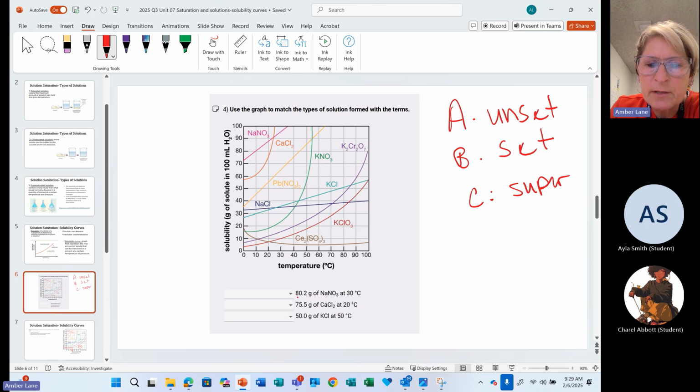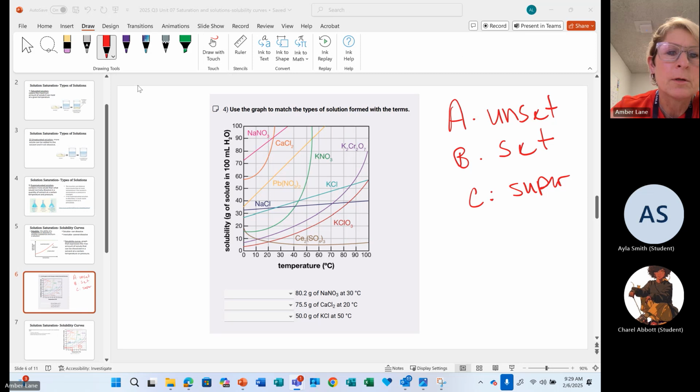So down here it says if we have 80.2 grams of sodium nitrate at 30 degrees, we want to decide, is it an unsaturated, saturated, or supersaturated solution? So I'm going to find sodium nitrate, and it's right up here. It's in pink.